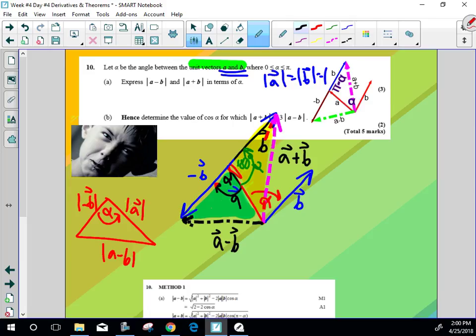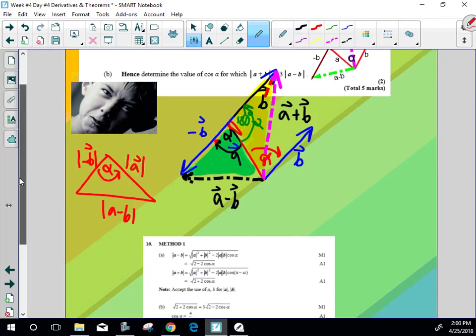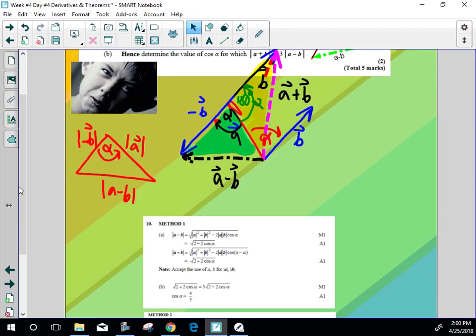Now tell me what the magnitude of A is. How long is this vector A? 1. How about minus B? But it's the absolute, the magnitude of it, so what is it? Still 1. So we can use the law of cosines.